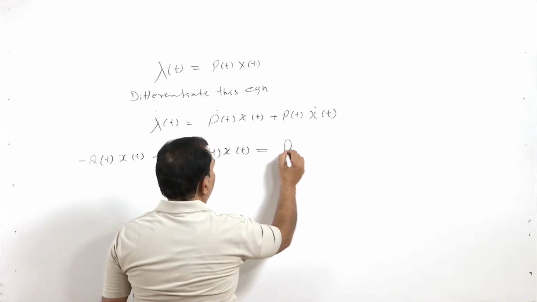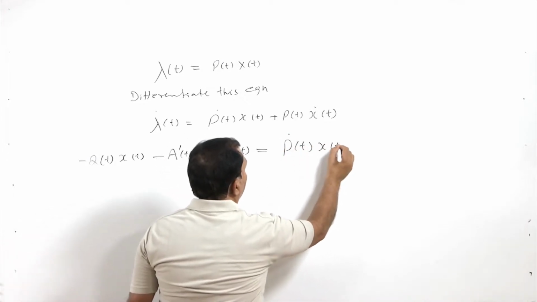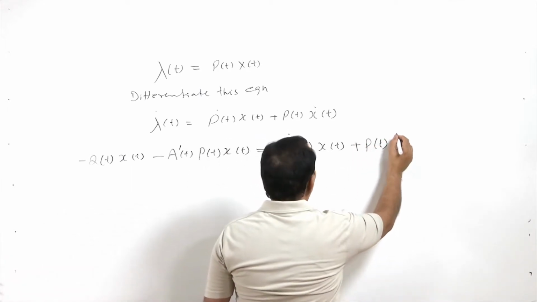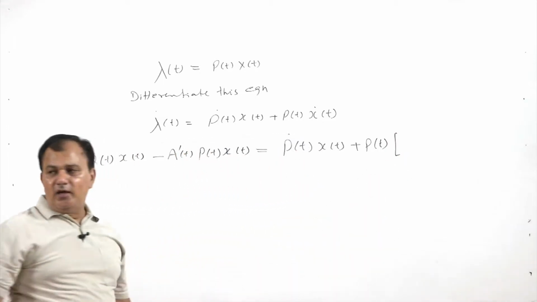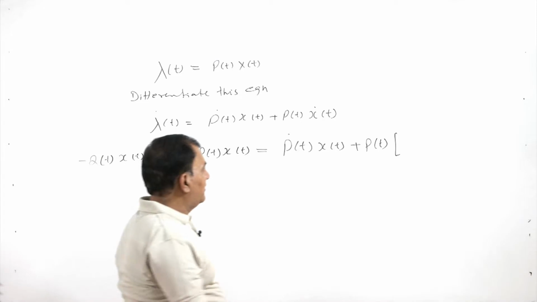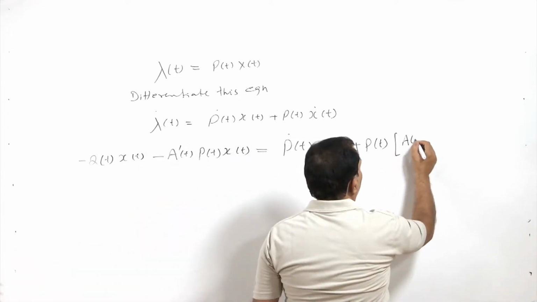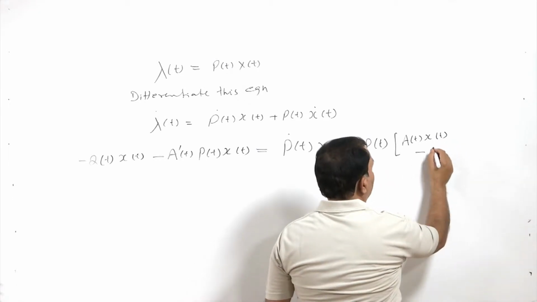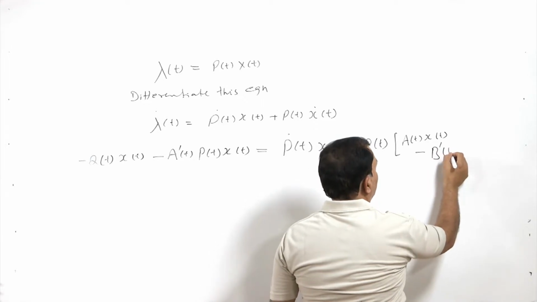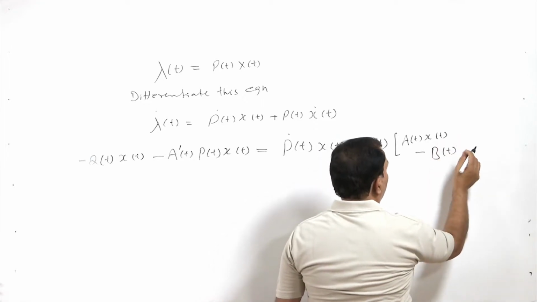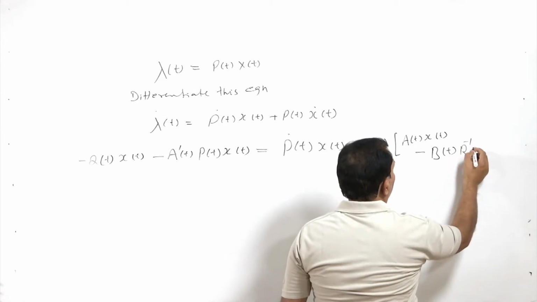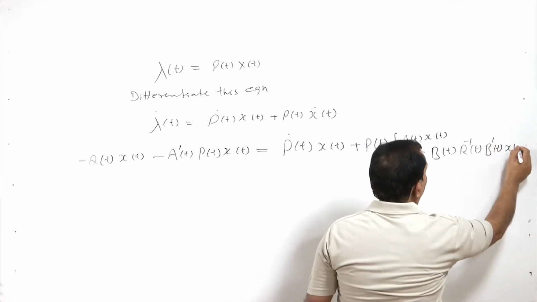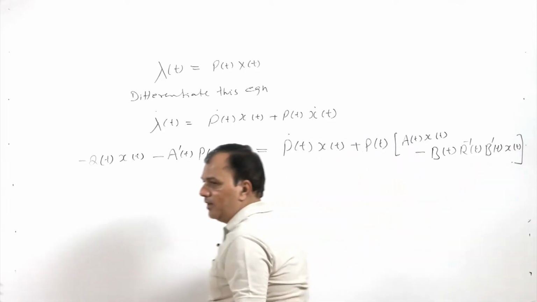This I will keep as such on the other side: P dot t x(t) plus P(t) times x dot of t, which is A x minus B R inverse B transpose P(t) x(t).